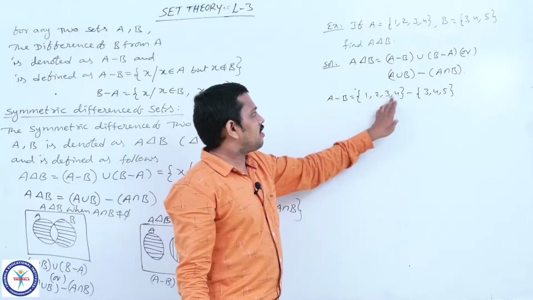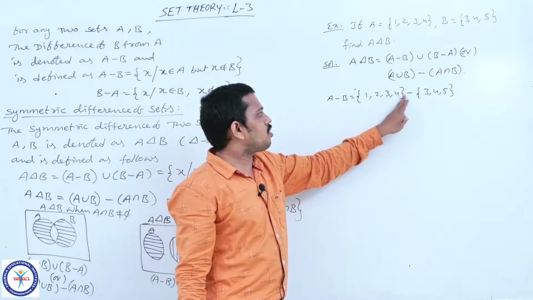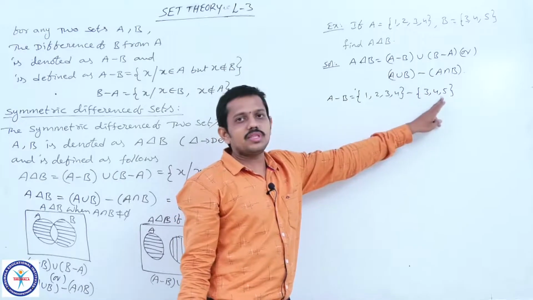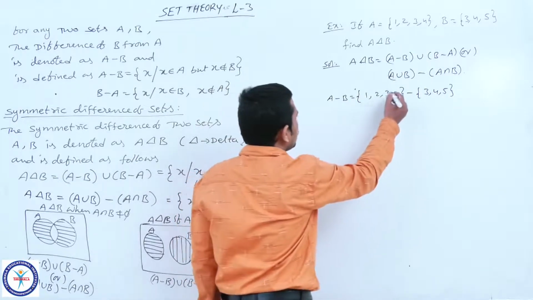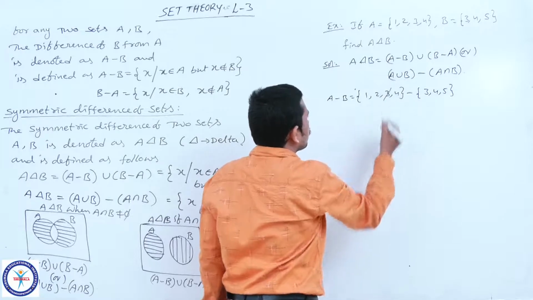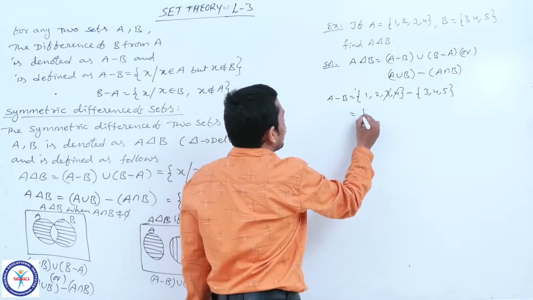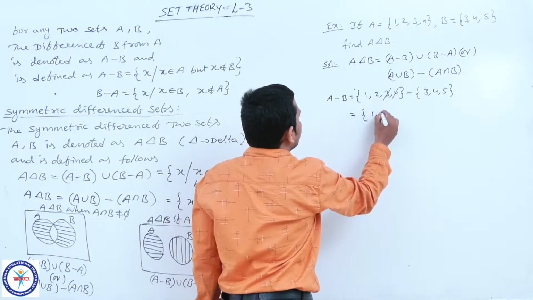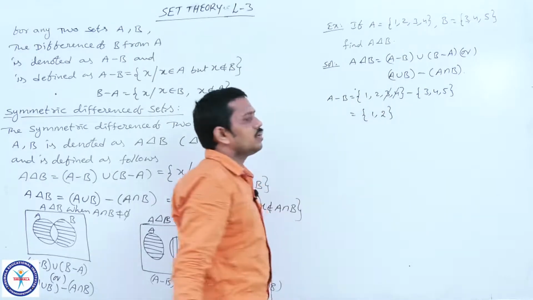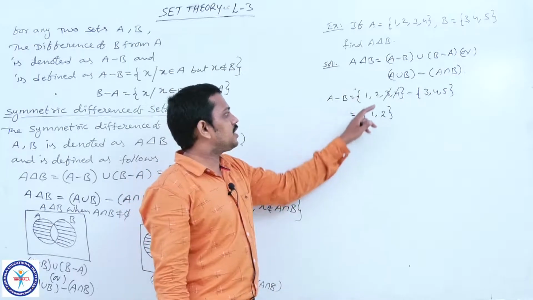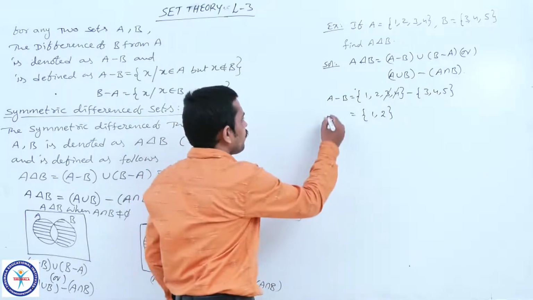Here 3 and 4 are elements of both the sets, so we can eliminate these two. 3 is the common element, so cancel. 4 is also a common element, so cancel. Then we write the remaining elements of the first set. Therefore A minus B is equal to {1, 2}.